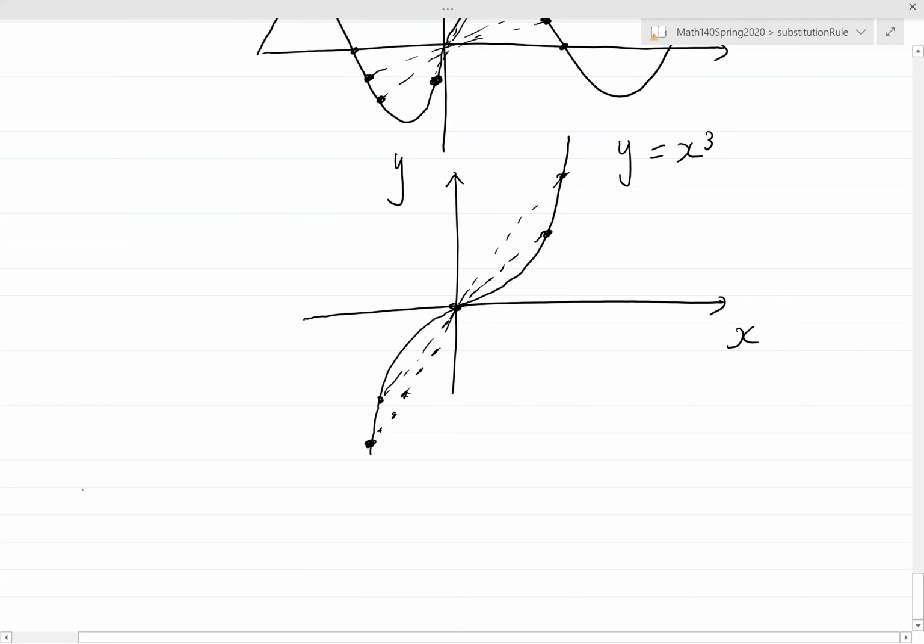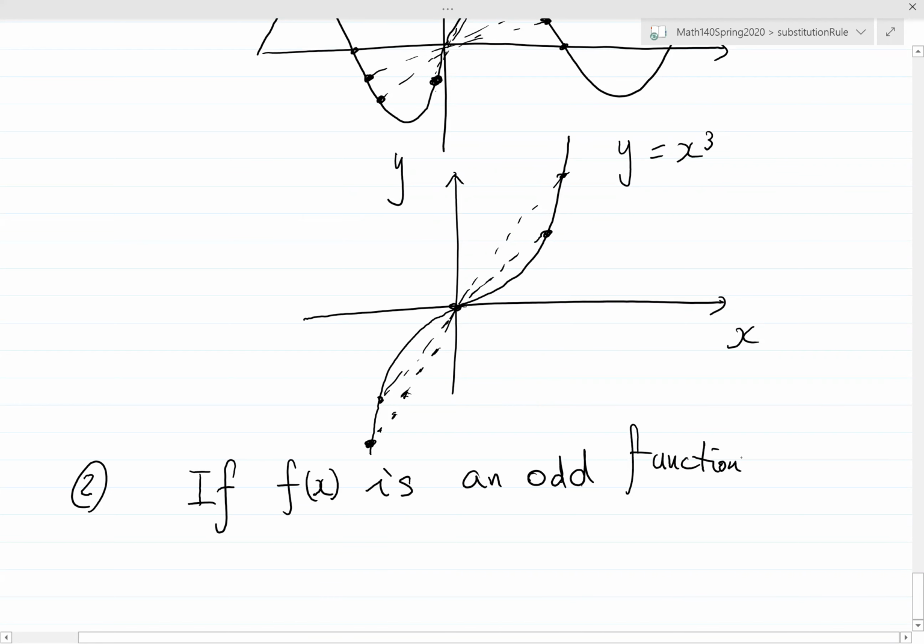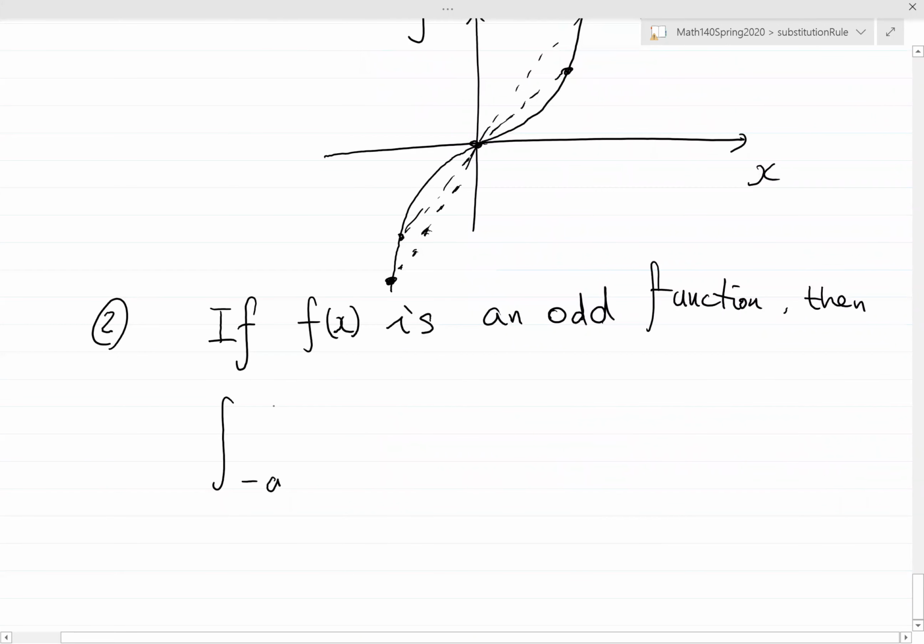Now, if f(x) is an odd function, then if we integrate from negative a to a of f(x) dx, we get immediately that this is 0.